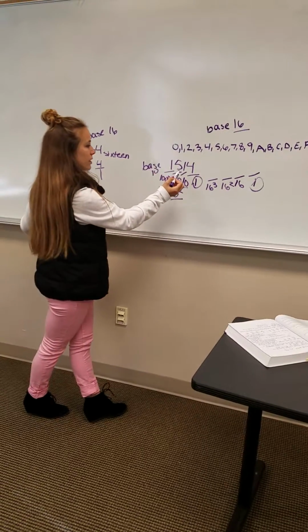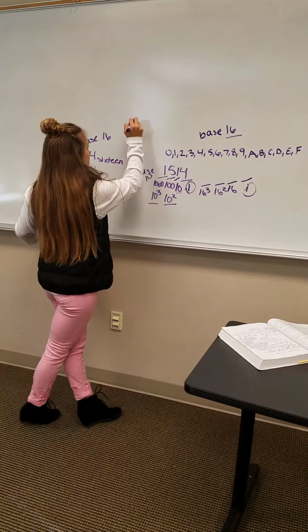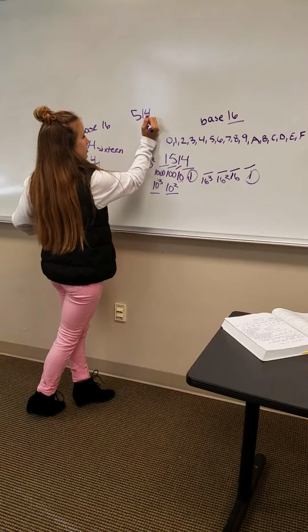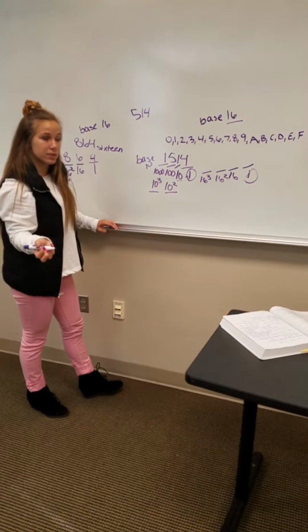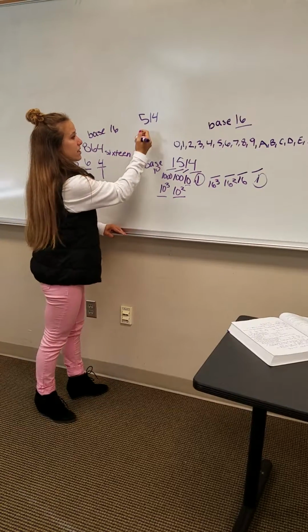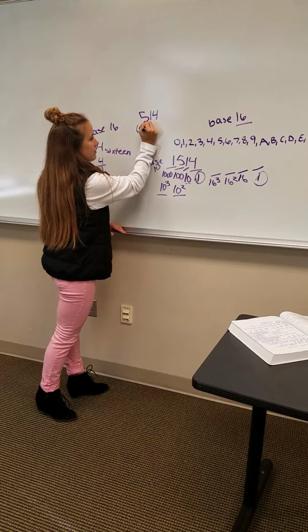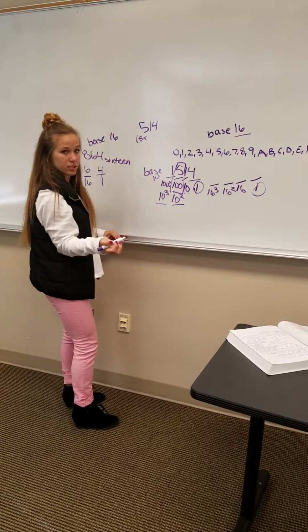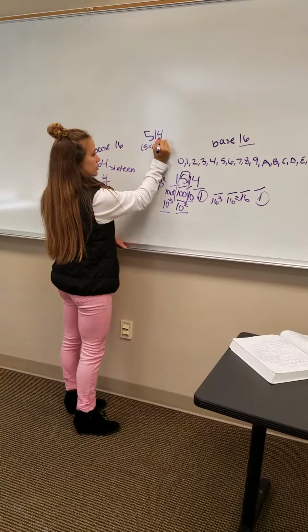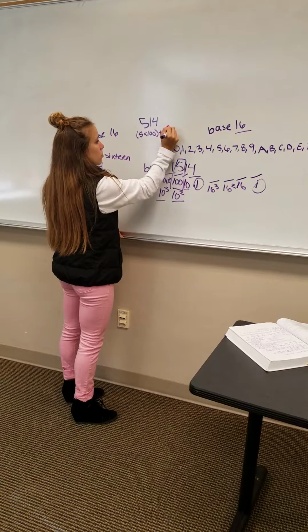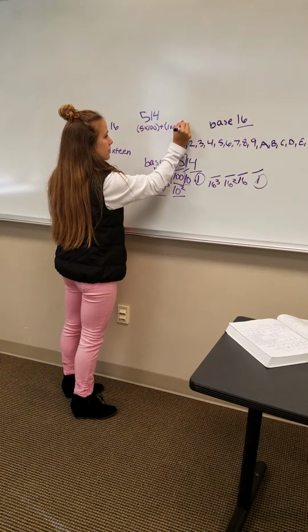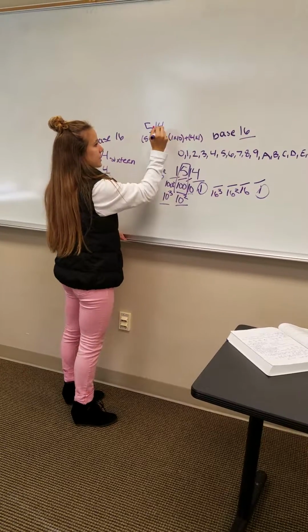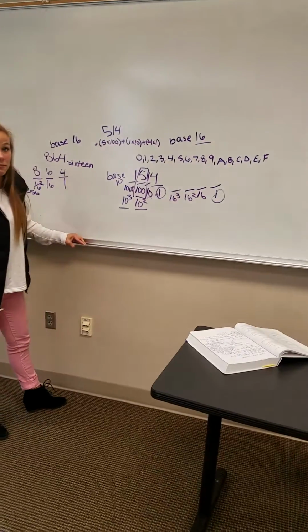Just as if we were doing the problem 514 again, in base 10, it's like saying 5 times the place value, which would be 100. So 5 times 100 plus 1 times 10 plus 4 times 1. That's how we get 514.